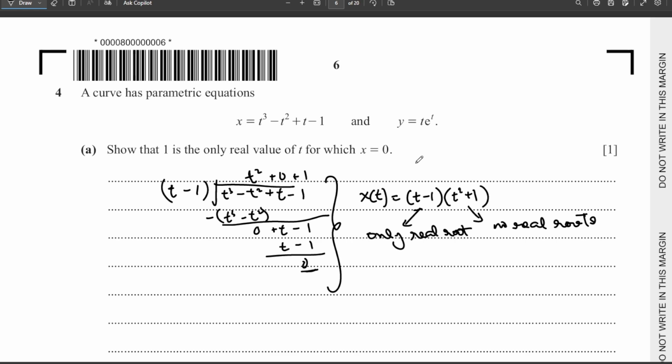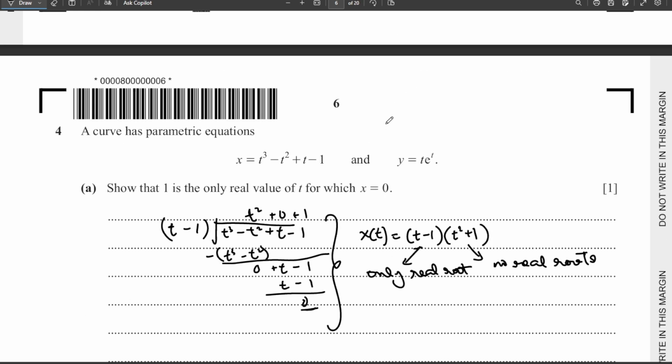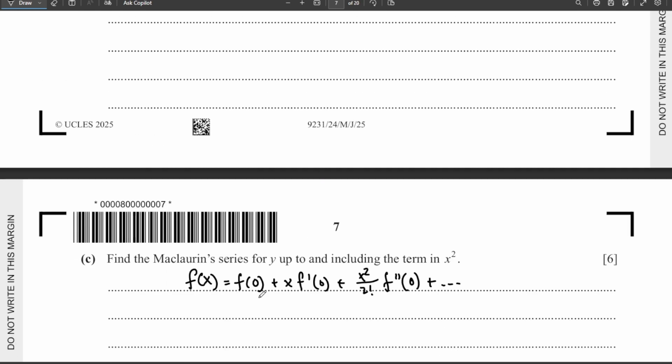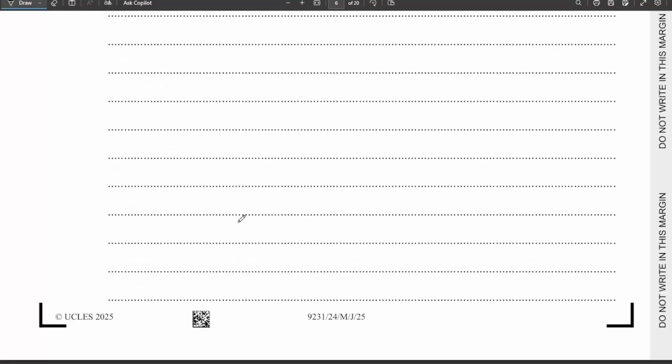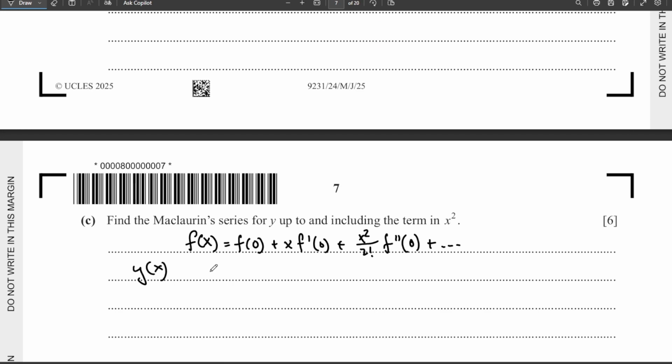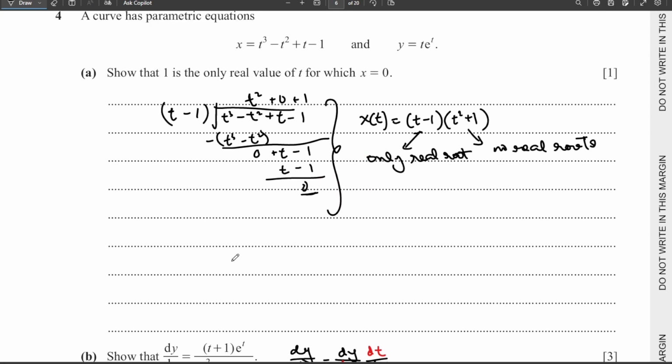In the Maclaurin series here, y is the dependent variable on x, so x is the independent variable in this case, and what we want is y of 0, the case where x is 0.